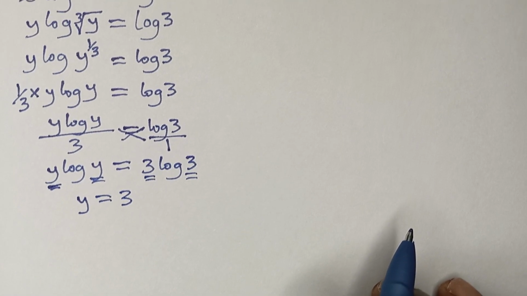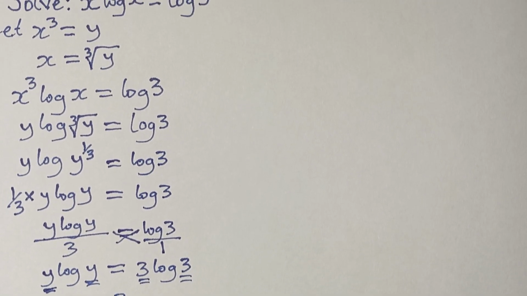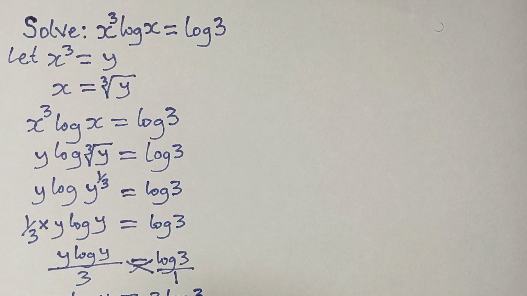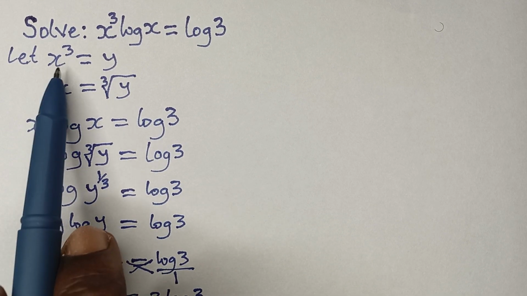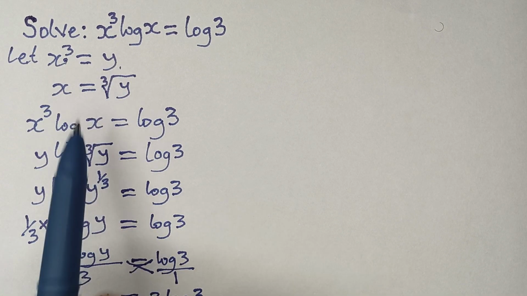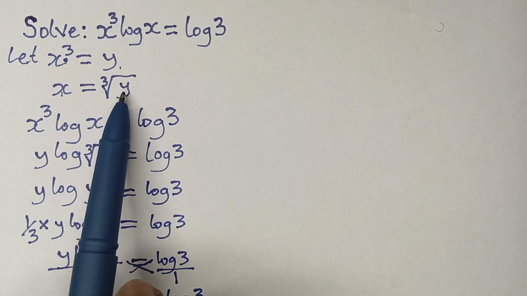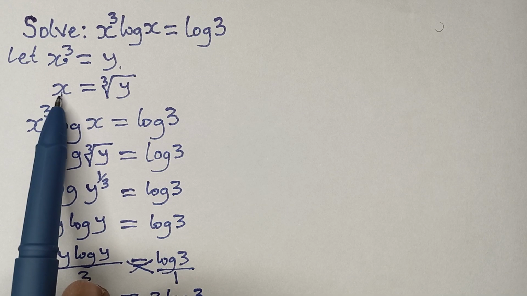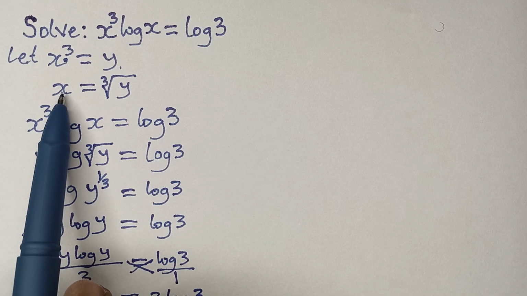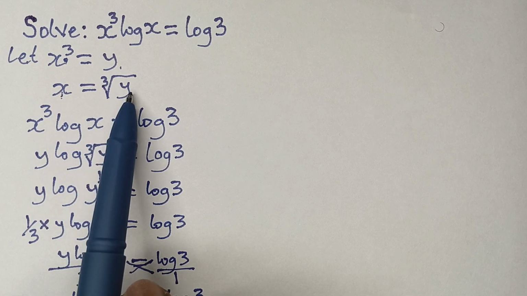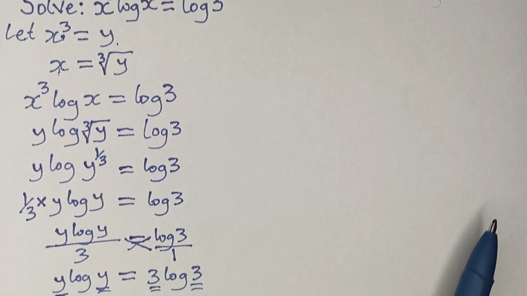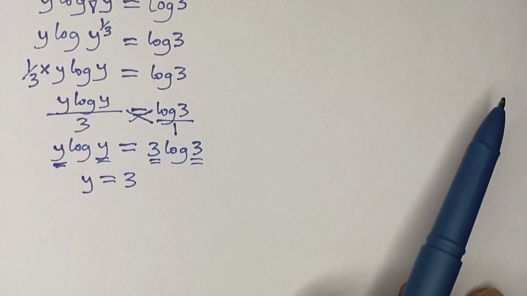Don't forget that at the beginning of the question, we agreed that we should take x raised to power 3 as y. That means x is equal to the third root of y. So I can now bring in my x because it's x that we are looking for. So let me write it for us to see it clearly here.